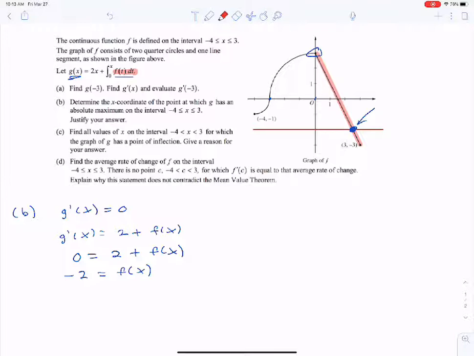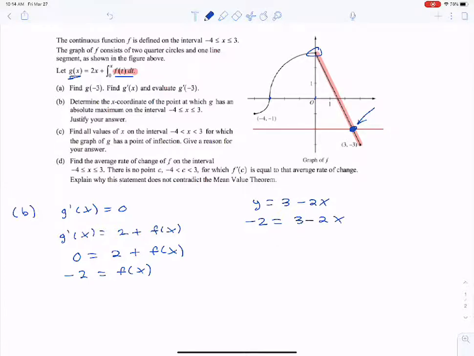So the equation of the red line has a y-intercept of +3, and its slope is down 6 over 3, so its slope is -2, so it's going to be -2x. Then I'm going to just set it equal to -2.